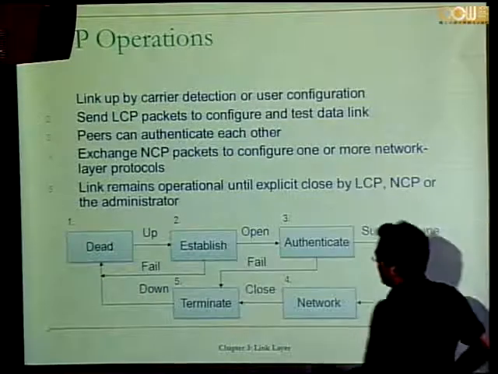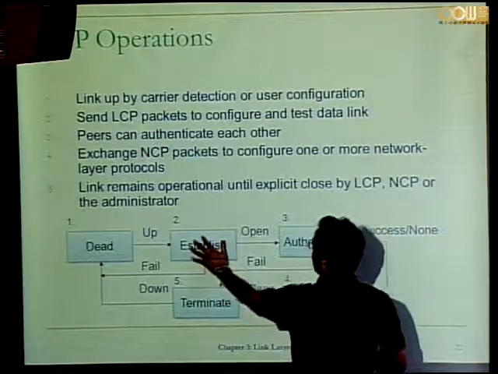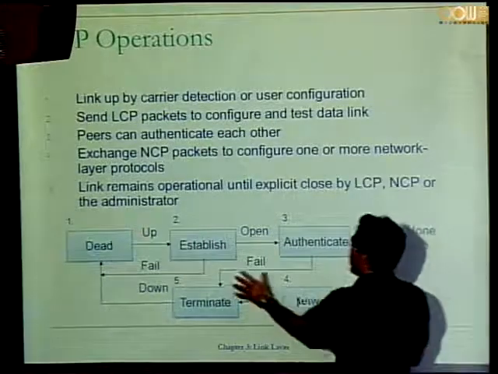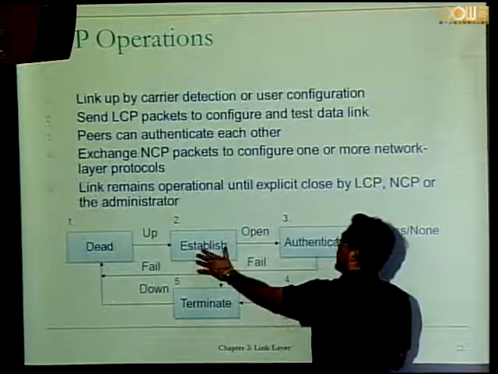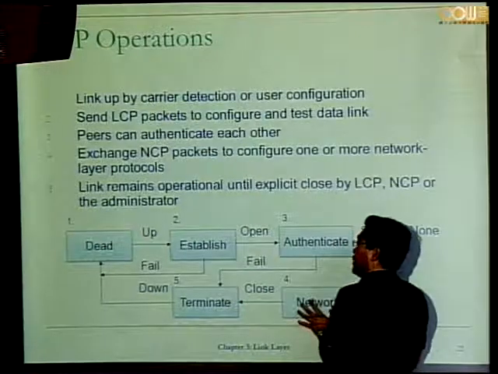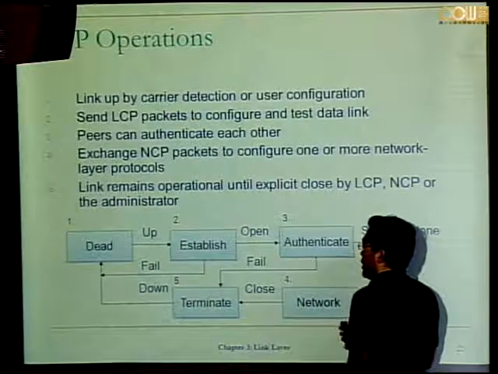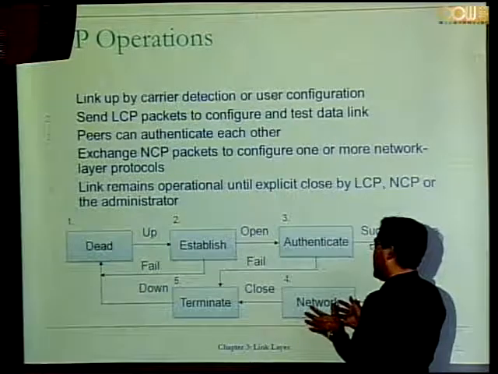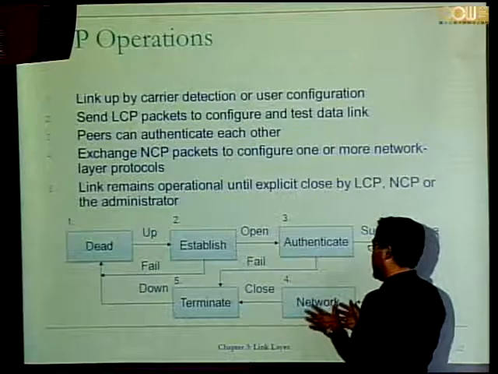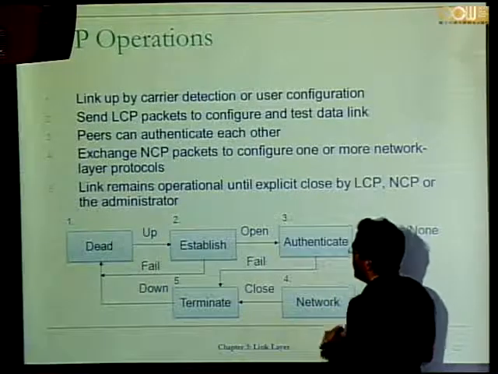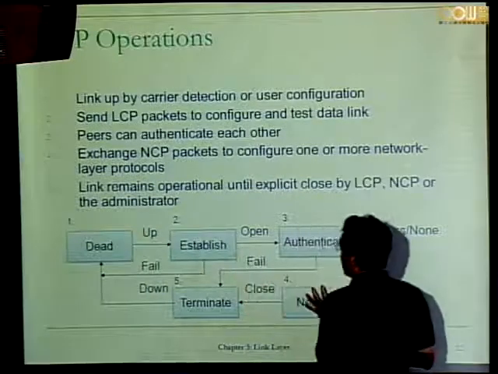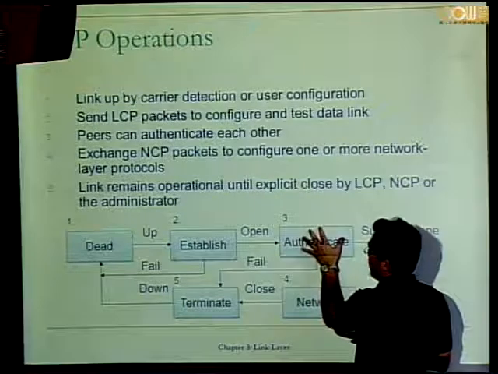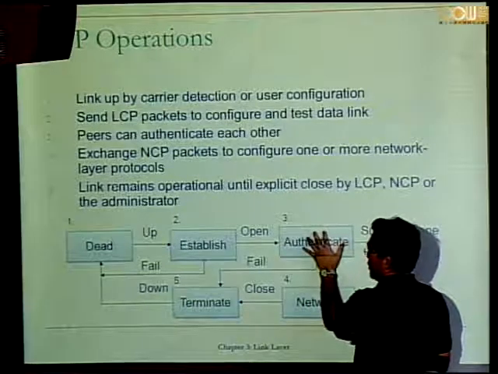So you will see that here you use LCP, and here you use NCP to negotiate the link level and also network layer parameters. And most of the time you stay here, when you are transferring data frames. And between LCP and NCP, there's an authentication that does the login.